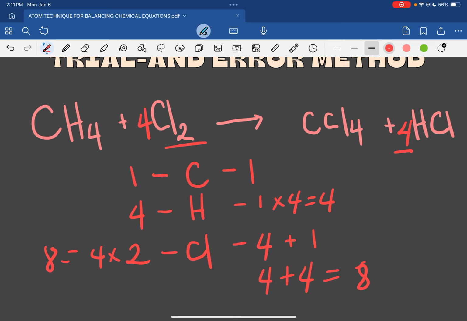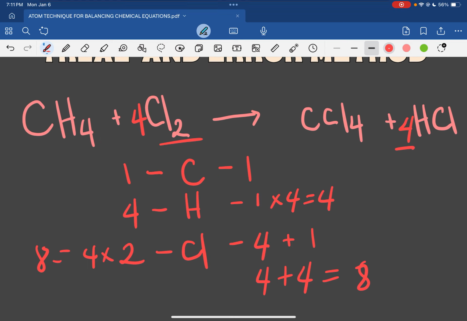But realistically speaking, it looks very easy because we already know the coefficients to put in there, and the chemical equation is somewhat simple.